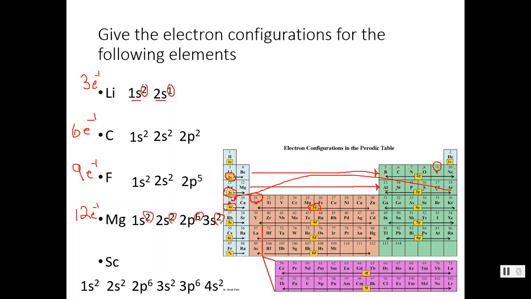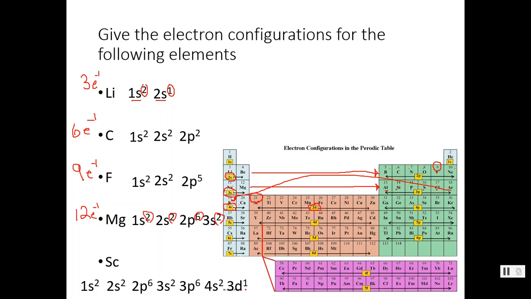That's going to go in an orbital that is 3d. Now, why the principal quantum number is not 4 and is 3 is something you talk about in Chem. We talk about it a little bit here, but mainly in Chem 1. You should just know that with these transition metals, the principal quantum number goes down 1. And so that 1 electron for Sc is going to go in a 3d orbital.